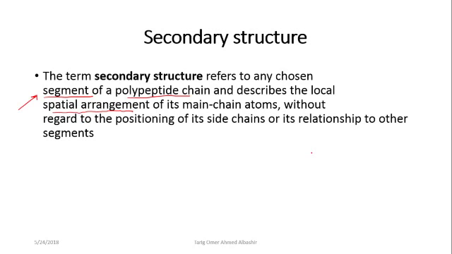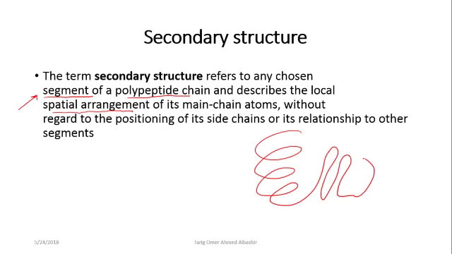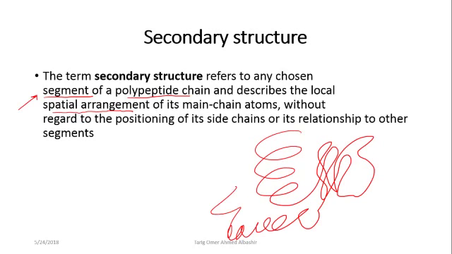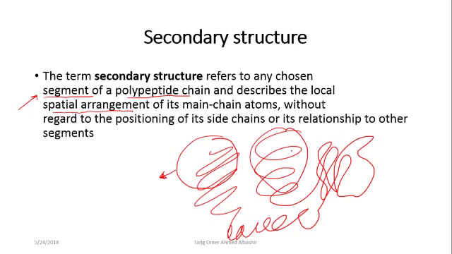For example, if we have this protein structure, the protein structure could look like this. If you choose any segment, it will have a specific name that describes the secondary structure of this segment and this segment.